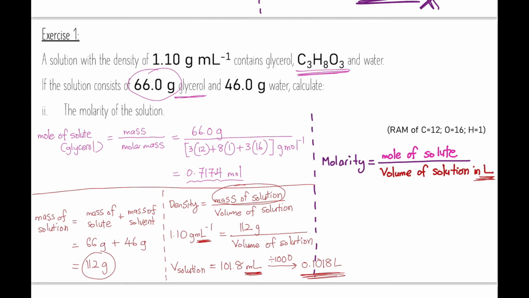Now we have the values for both mole of solute and volume of solution. Substitute the values into the formula. Mole of solute, which is here, 0.7174 mole, divided by volume of solution in liter, which is 0.1018 liter.